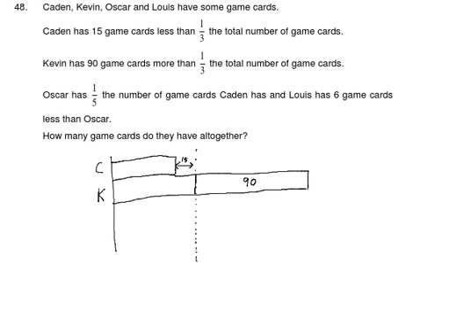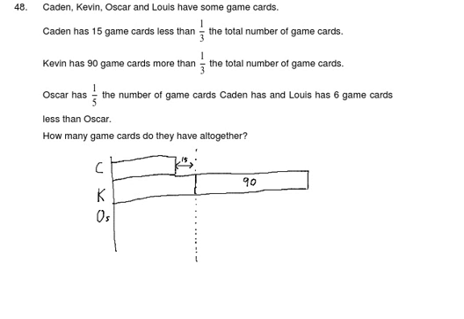Now, third part. Oscar has 1/5 the number of game cards Caden has. We try not to write O, we just write OS for Oscar. 1/5, that means Caden, I need to cut into 5, right?